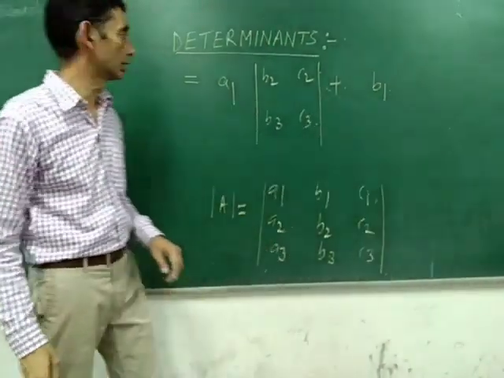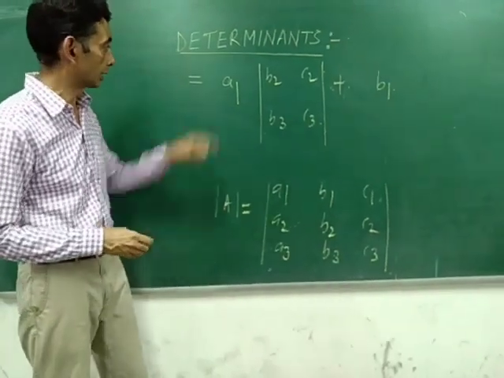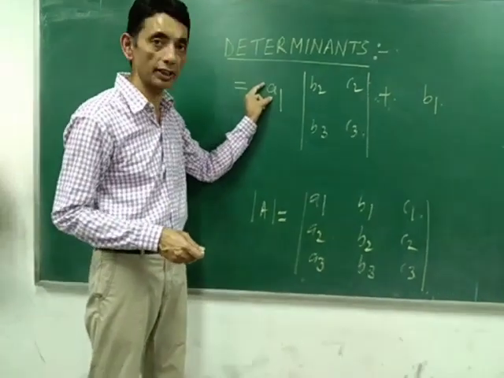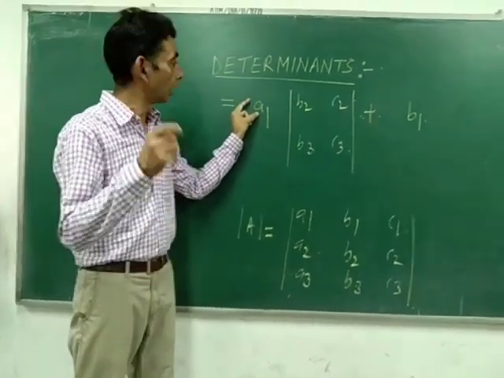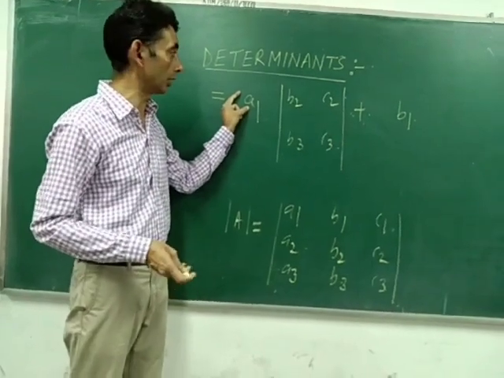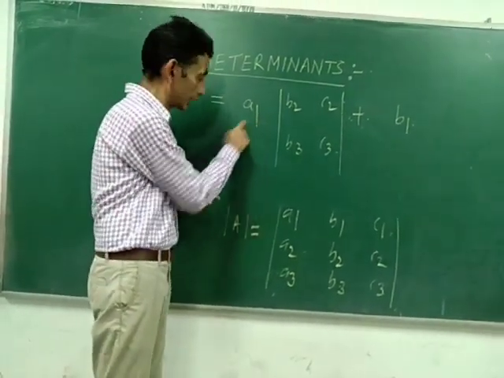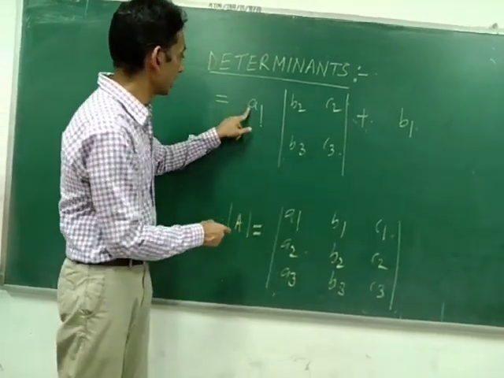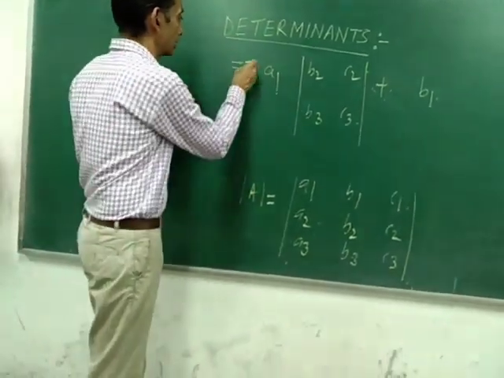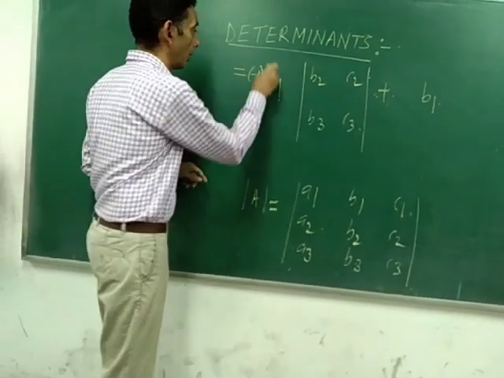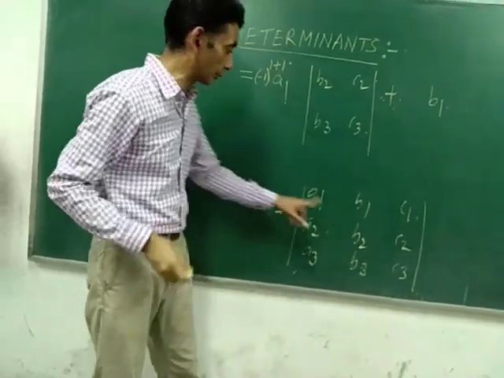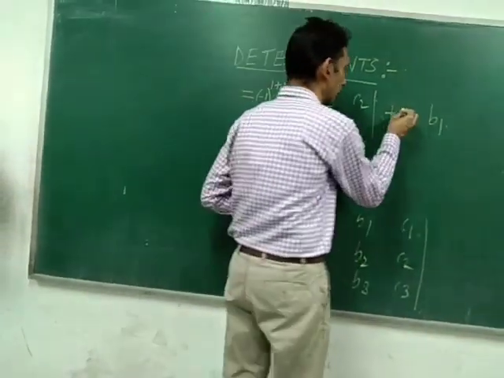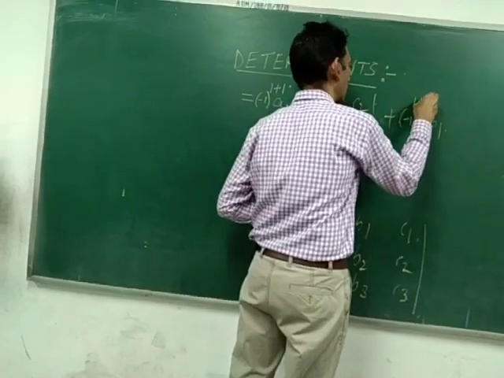Remember one important point: every time you write a number from a row, this number should be multiplied by minus 1 to the power of the sum of its suffixes. What is the position of this element? The position of a1 is 1, 1. Therefore, a1 is to be multiplied by minus 1 to the power 1 plus 1. Now, the position of b1 is 1, 2. Therefore, b1 is to be multiplied by minus 1 to the power 1 plus 2.